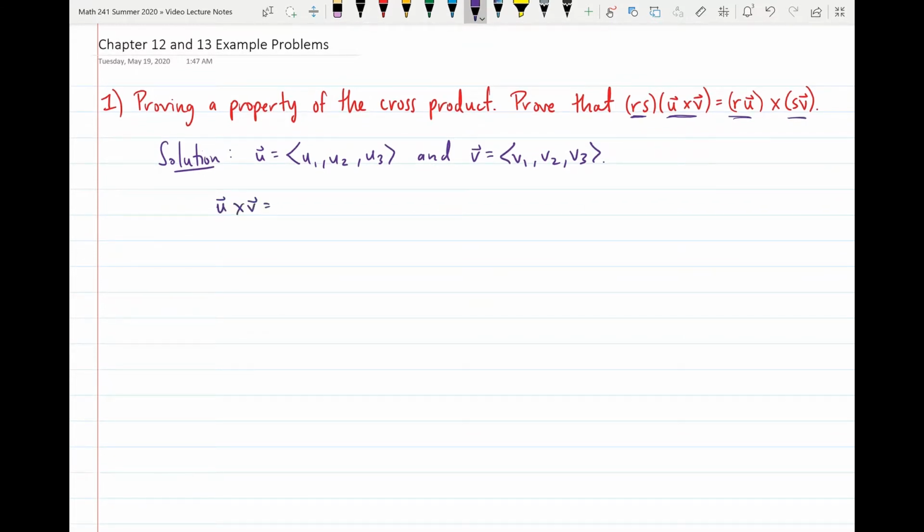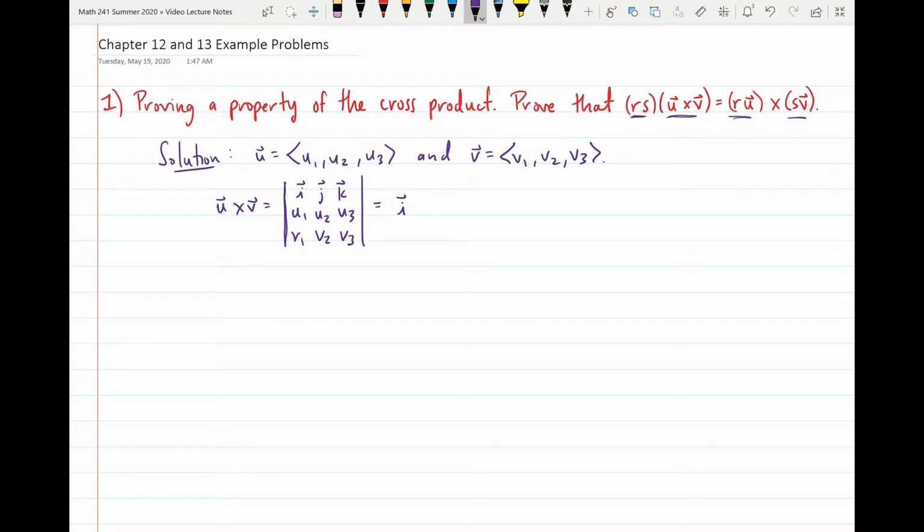So u cross v is going to be equal to the determinant of the matrix given by i, j, k in the first row, then u1, u2, u3 in the second row, and v1, v2, v3 in the third row. So let's calculate this determinant.